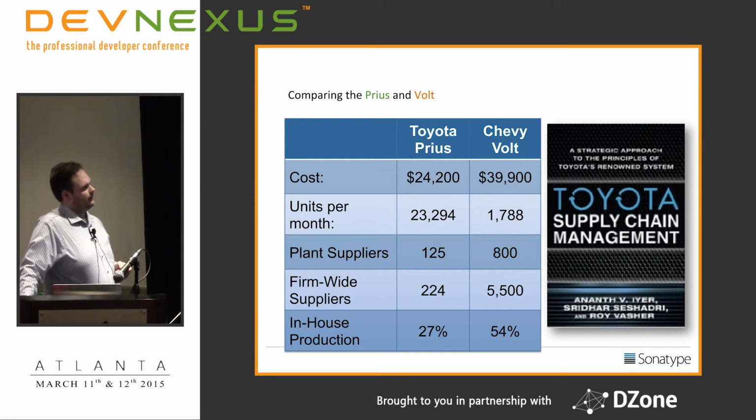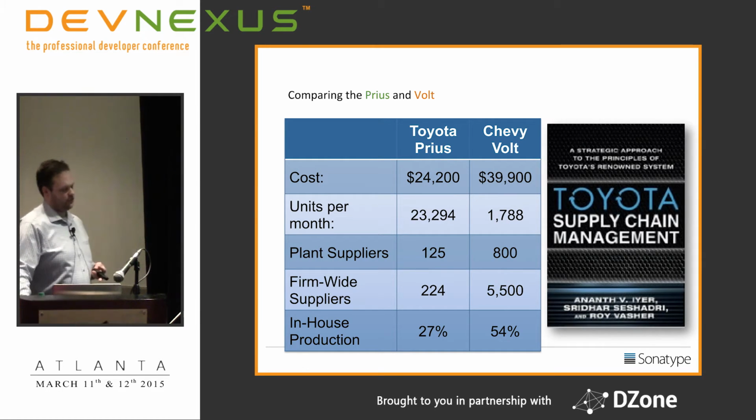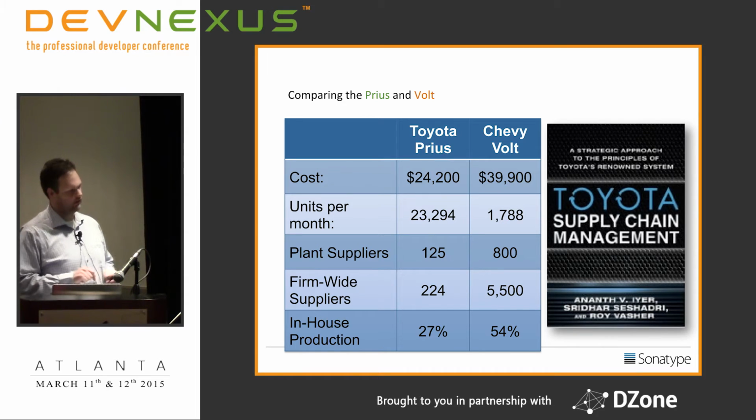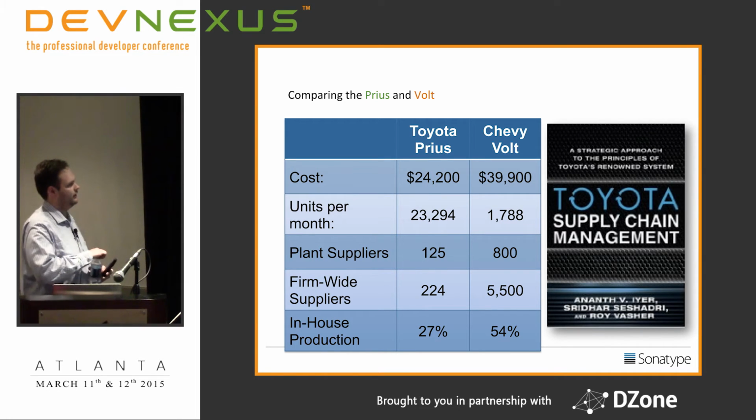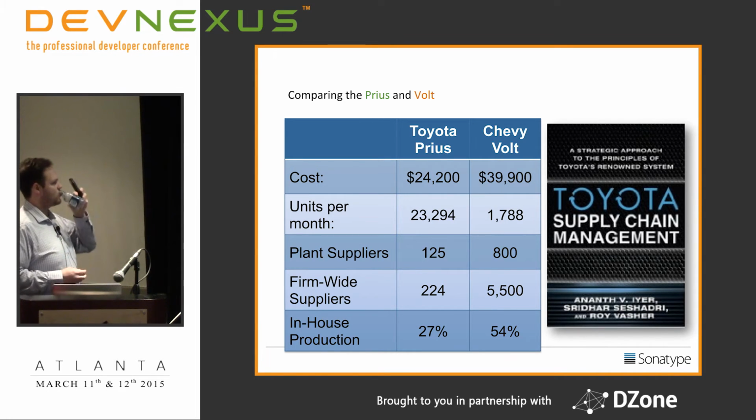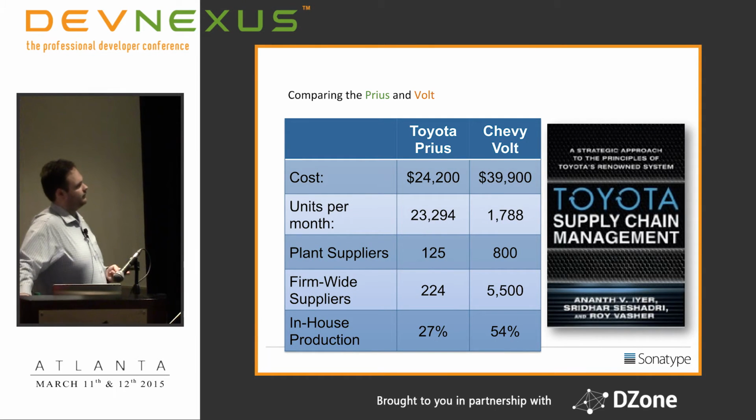Now, if we take a look at the Toyota supply chain management, I think we can learn some things there. I'll let you take a look at those numbers for a minute. The main point here is that we all know the Prius is obviously the more popular of the two.